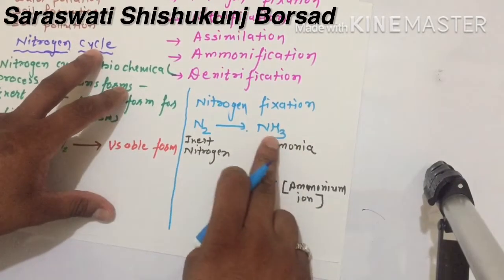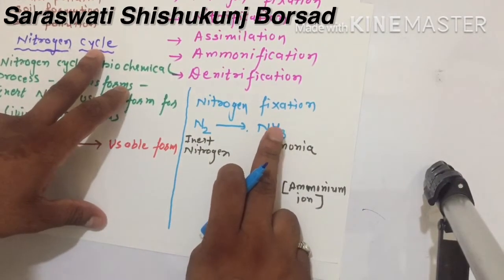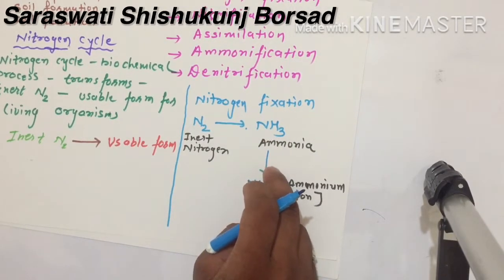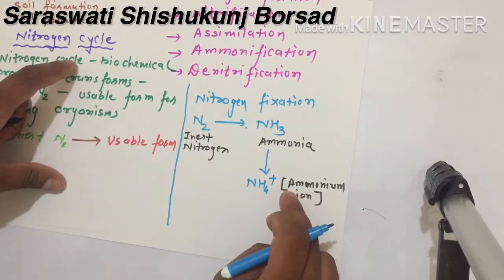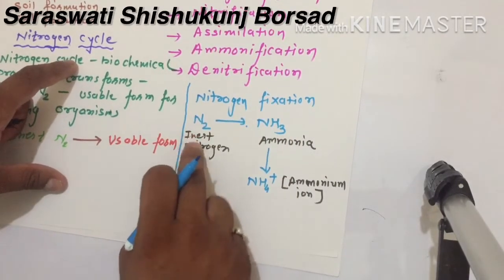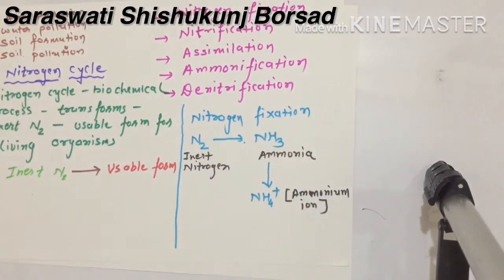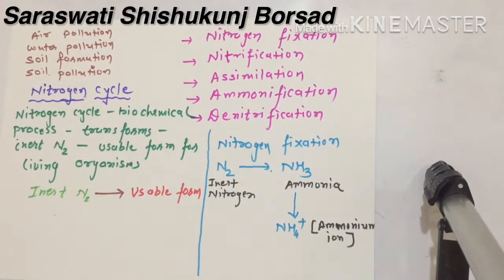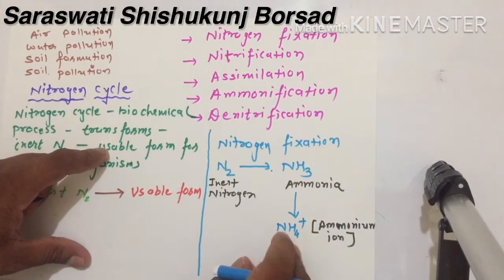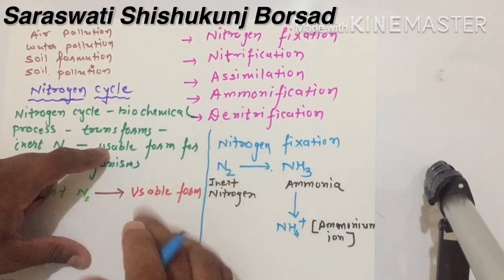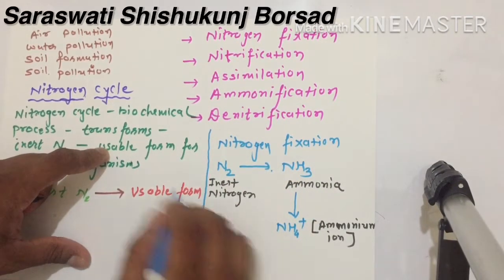So the ammonia reacts with one hydrogen and converts into the ammonium ion. So in nitrogen fixation, the inert nitrogen gas is converted into ammonia, and later that ammonia is set into the ammonium ion.